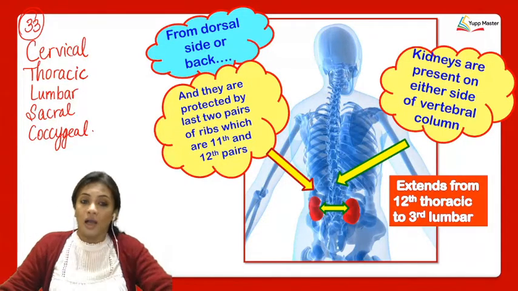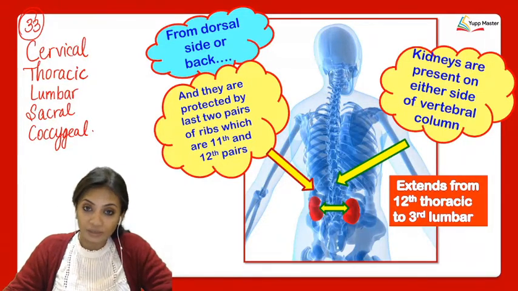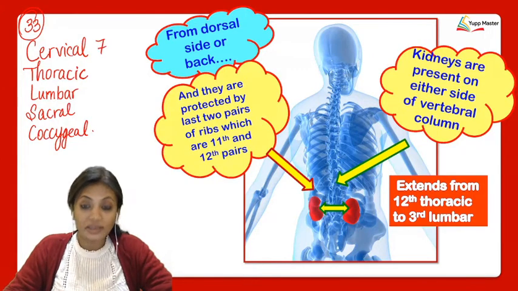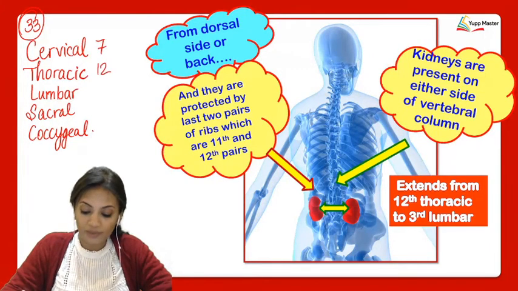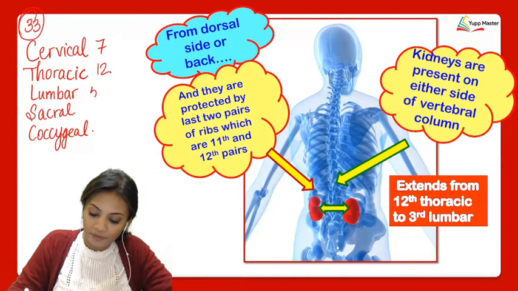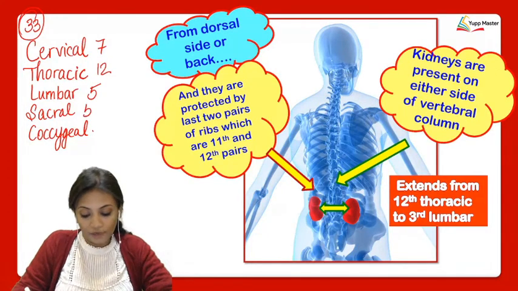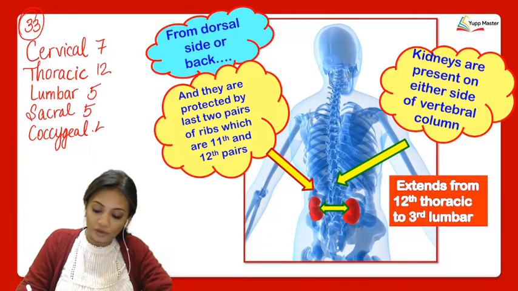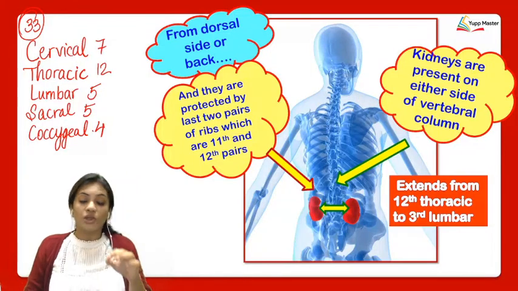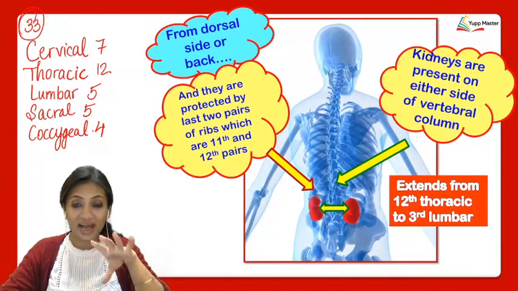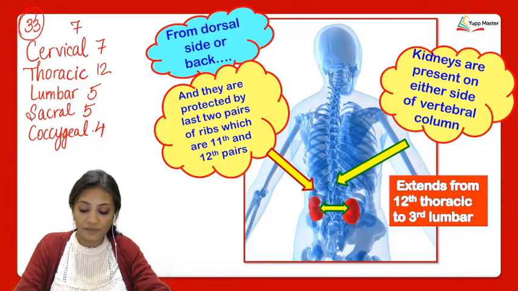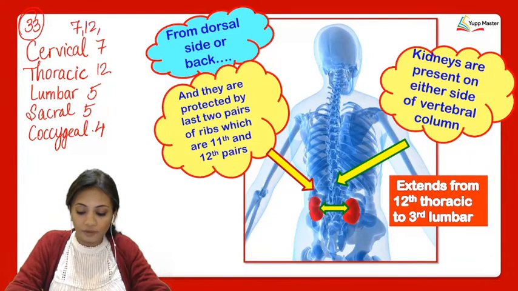Now, the count of these vertebrae is 7 cervical, 12 thoracic, 5 lumbar, 5 sacral, and then 4 coccygeal. So it is 7, 12, 5, 5, 4.